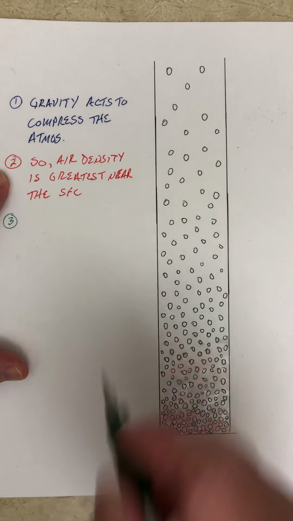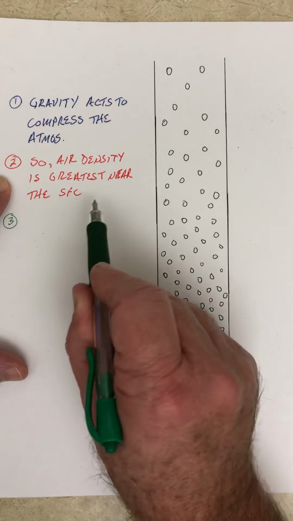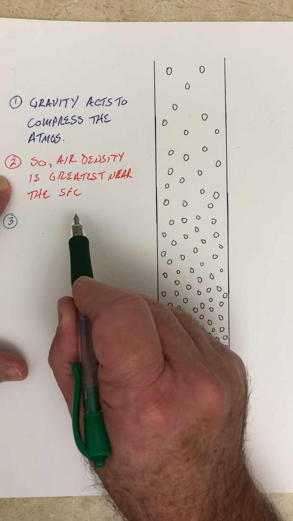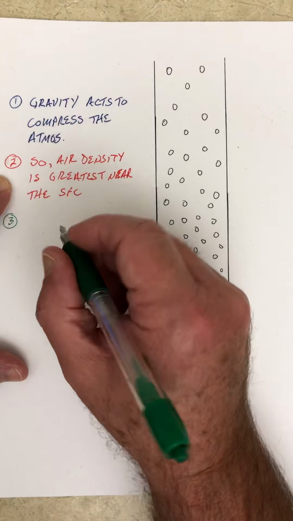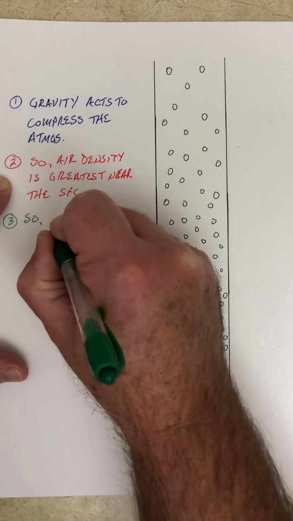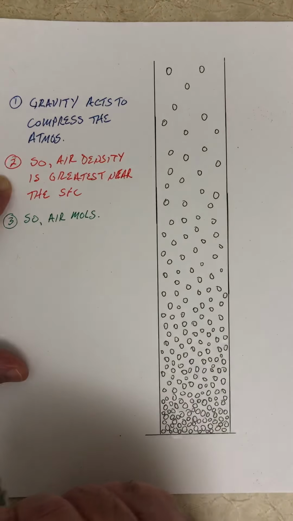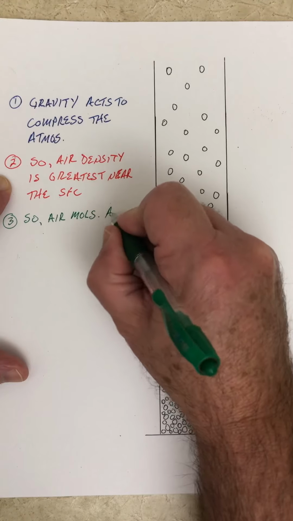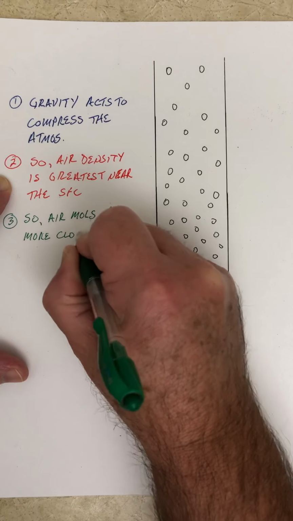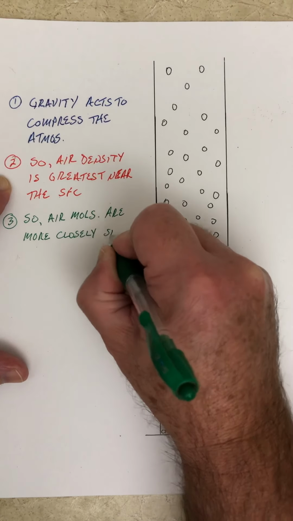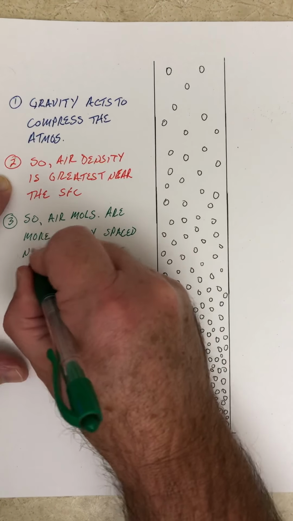So number three, if gravity acts to compress the atmosphere so that the density of air molecules is greatest near the surface, then air molecules are more closely spaced near the surface.